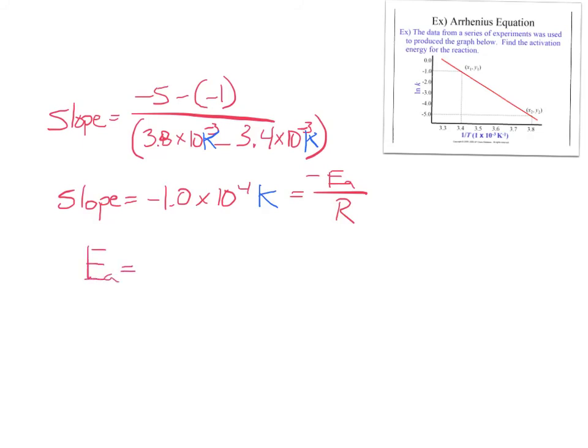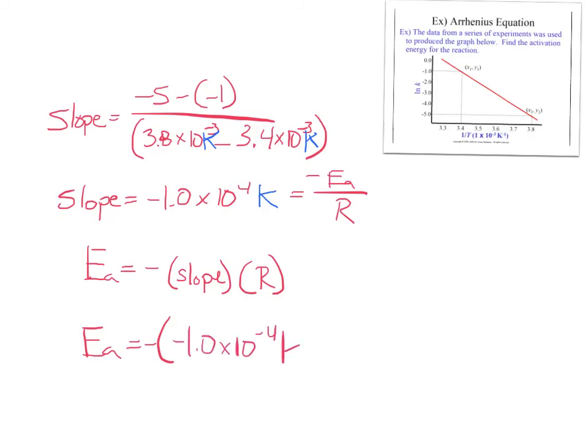EA is equal to the negative of the slope times R. And so it would be the negative of -1.0 times 10 to the 4th Kelvin times R, which is 8.314 joules per mole Kelvin.